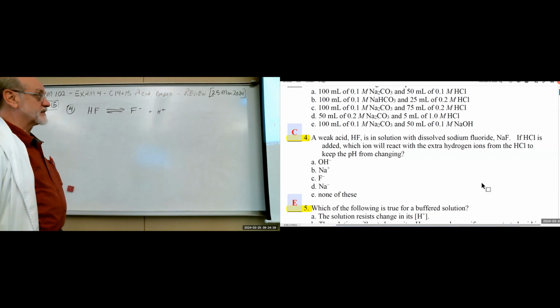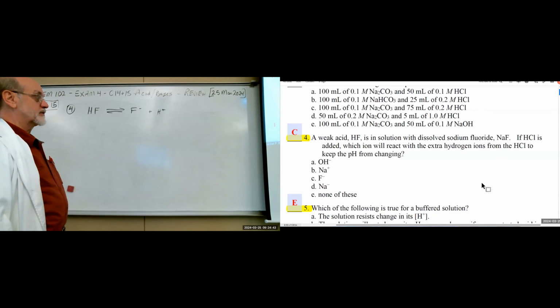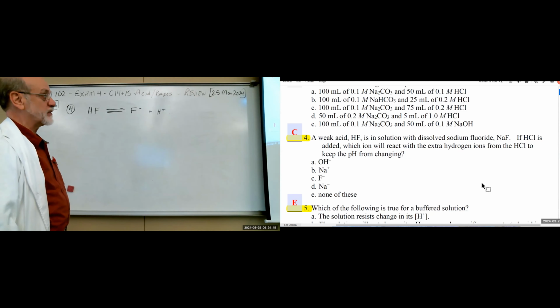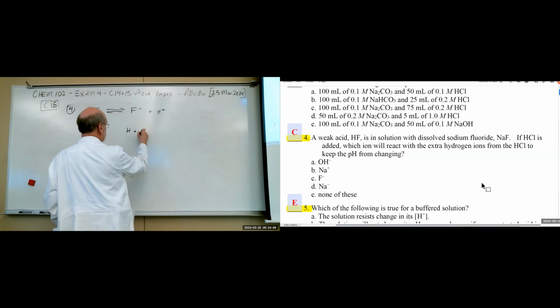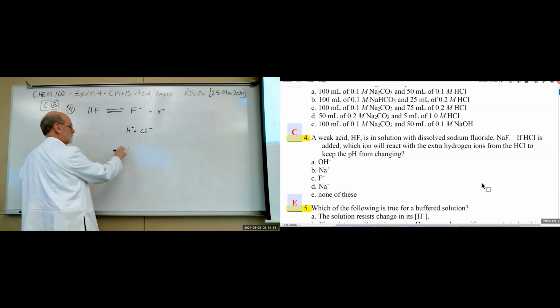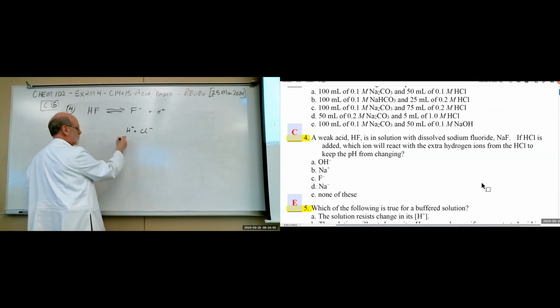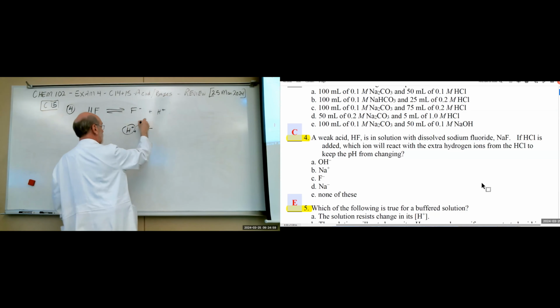If hydrochloric acid is added, which ion will react with the extra hydrogen ions from the hydrochloric acid to keep the pH from changing? Well, chloride is a spectator. We're interested in the hydrogen ion. So where is this one going into this scenario? It's going in right here, which means it reacts with fluoride.